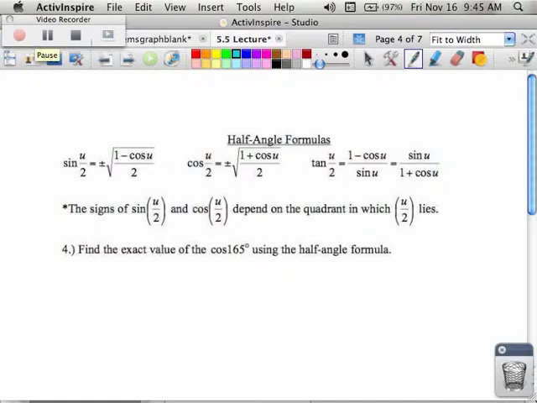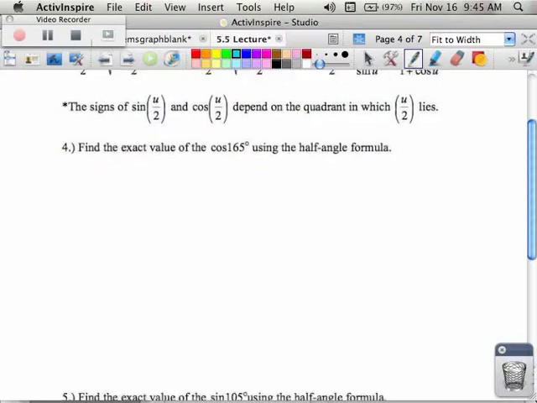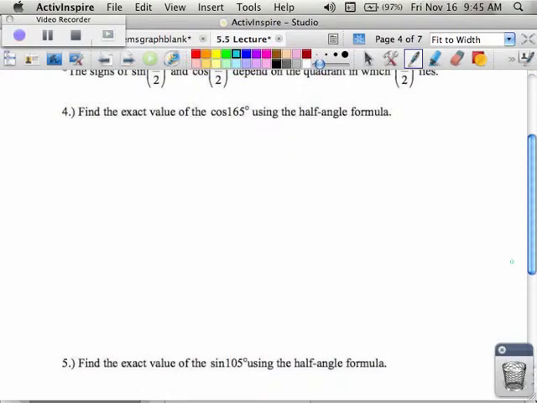Looking up above, I see that my half angle formula for cosine says to do the following: plus or minus the square root of 1 plus the cosine of whatever that new angle was on top, 330 that is, all over 2.